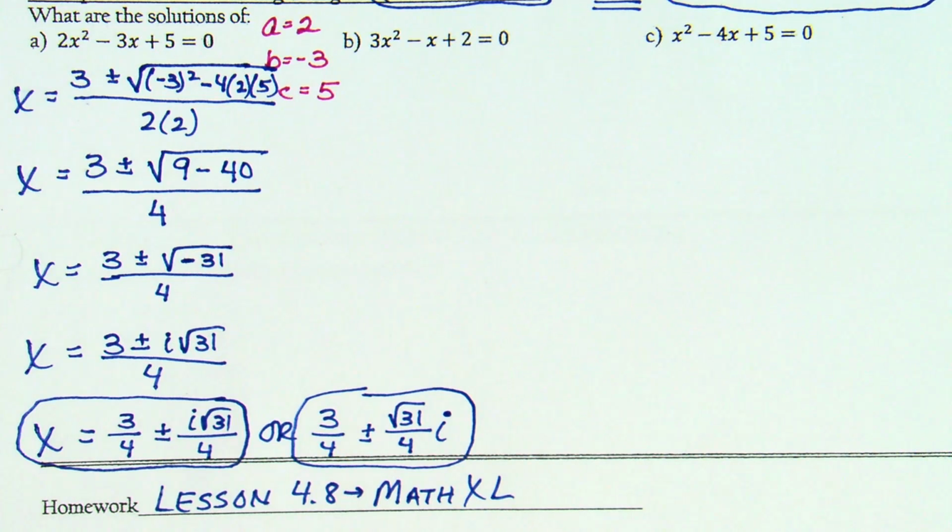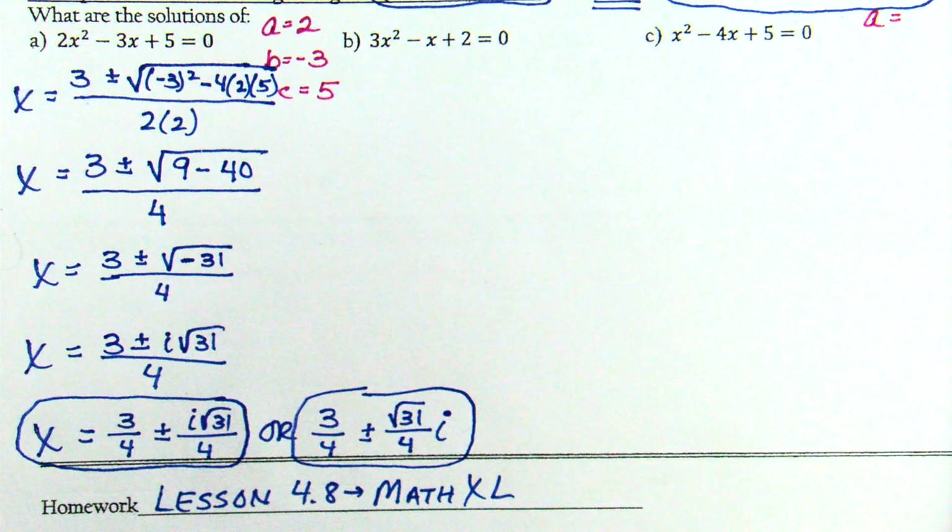You may not exactly write that down, but what's A on example C? A is 1, B is -4, and C is 5.